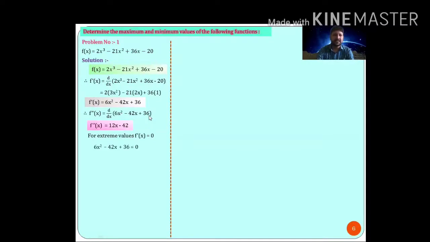We get 6x² − 42x + 36 = 0. Taking 6 as a common multiple from all three terms, we obtain 6(x² − 7x + 6) = 0. Now the multiplicative 6 shifts to the right-hand side: 0 divided by 6 is again 0. So the equation is x² − 7x + 6 = 0.